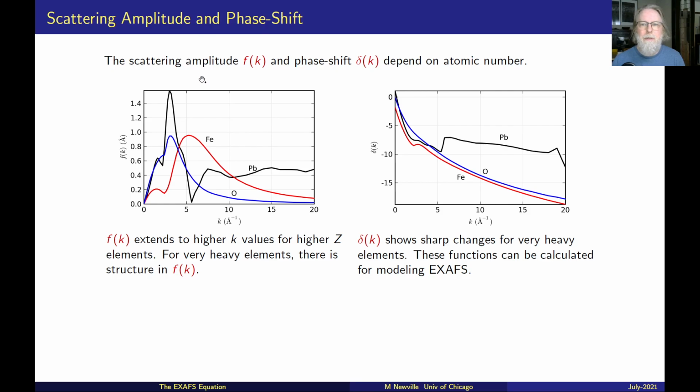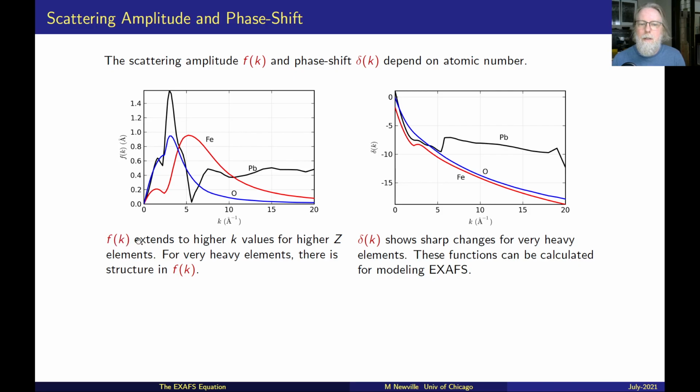The scattering amplitude, F, and the phase shift depend on the atomic number. I said this earlier, but here are some plots of the calculated values that we use for modeling the XAFS from the program called FEF, which is for this F, effective. F effective is FEF.